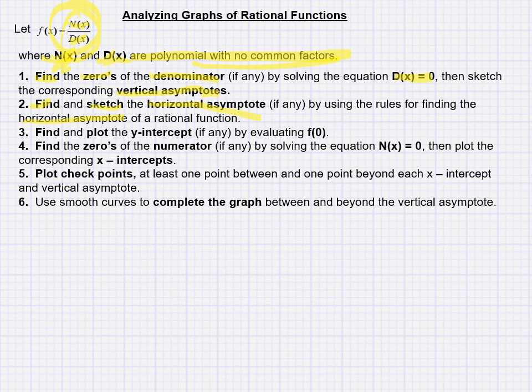Next, we will find and plot the y-intercept. How? The same way we've always found and plotted the y-intercept. Let the x value equal 0, so essentially find f of 0. Next, we're going to find x-intercepts by letting the function equal 0.